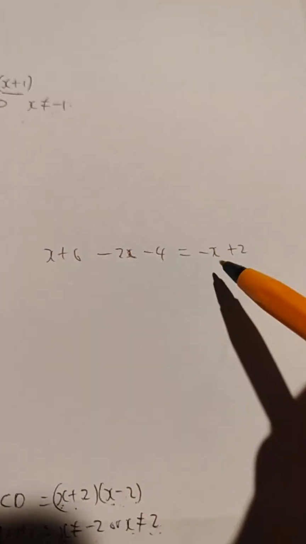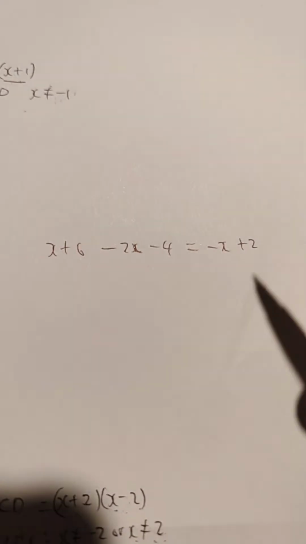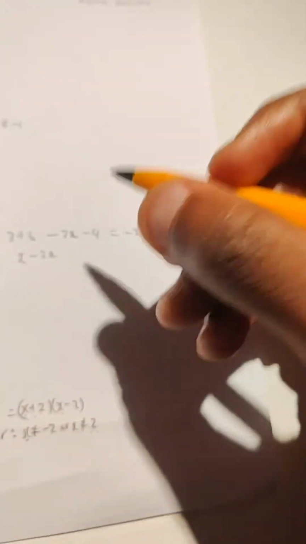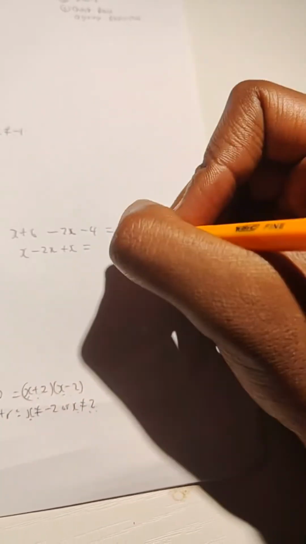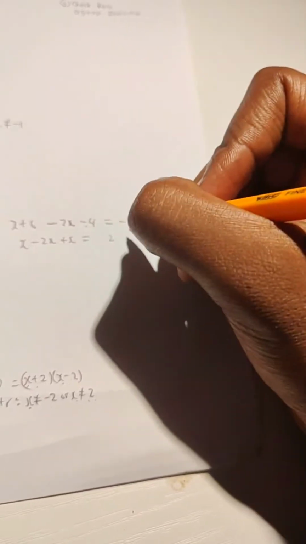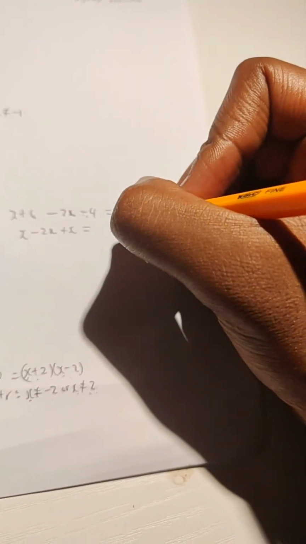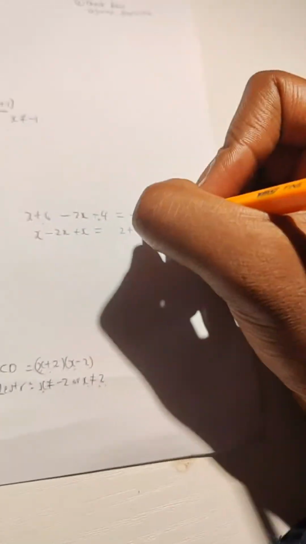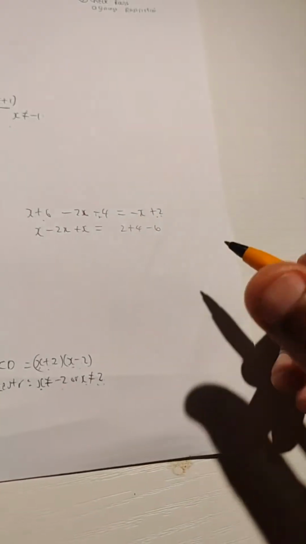Then we can see this is a linear equation. So now we are going to isolate the x. So x minus 2x. Take the negative x over, plus x is equal to, the 2 is already positive. The negative 4, if it transposes, it becomes positive 4. This positive 6 becomes negative 6.